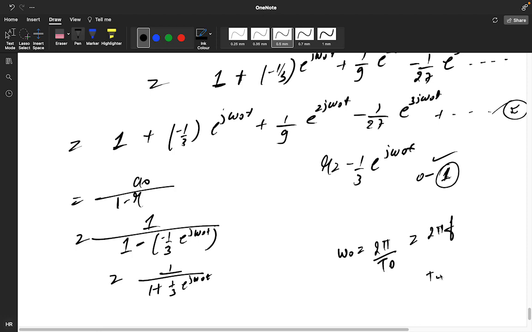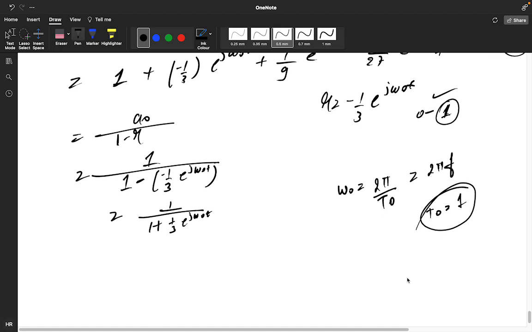And if the T naught value is 1, what will be the x of t value? So they had asked this as the b question, the second question. So 1 divided by 1 plus 1 by 3 e power j omega naught t. At t equal to T naught, omega naught is 2 pi f, and with T naught and t, it will get cancelled out.